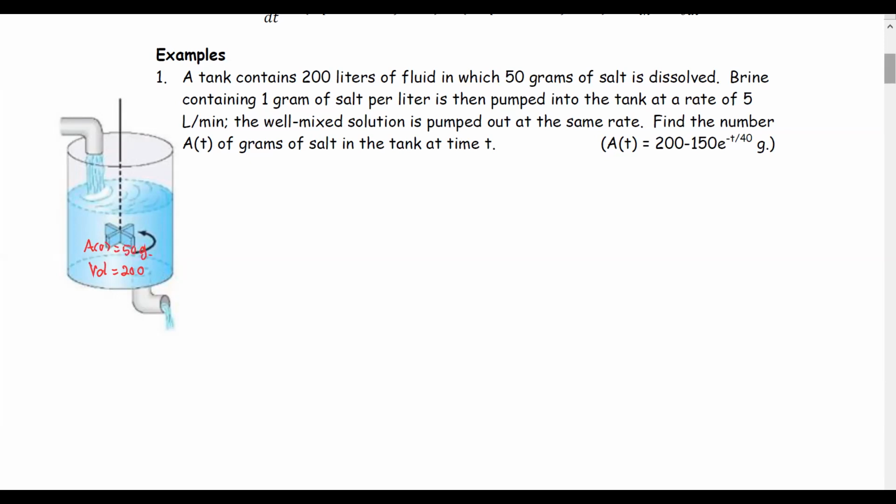Brine containing 1 gram of salt per liter is pumped into the tank at the rate of 5 liters per minute. So the concentration coming in is 1 gram of salt per liter, and the input flow rate is 5 liters per minute.